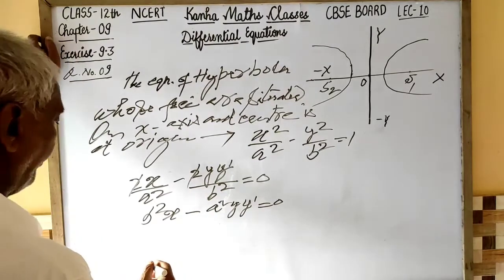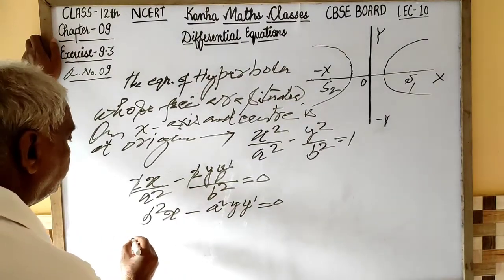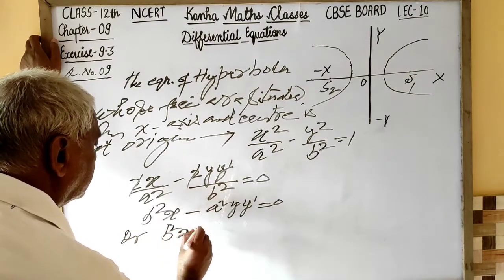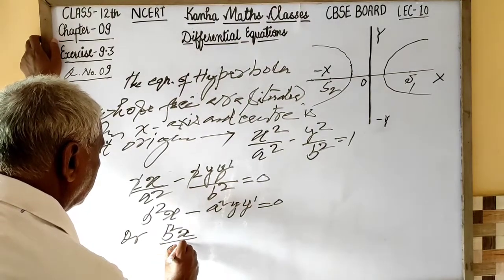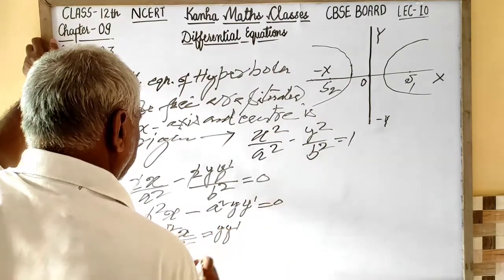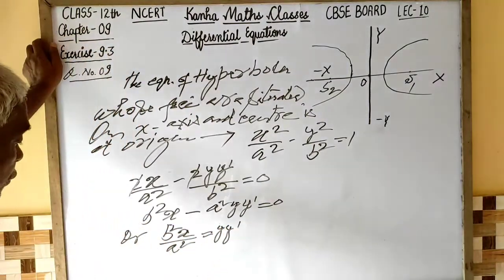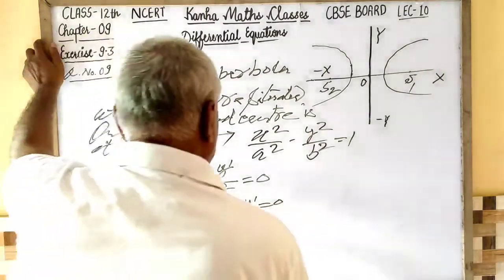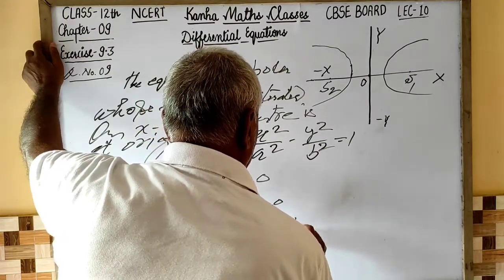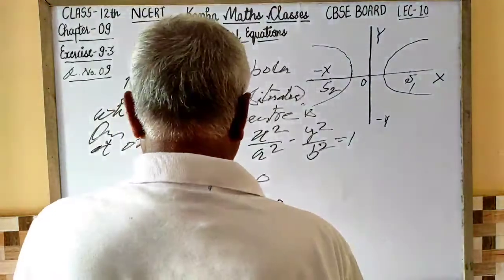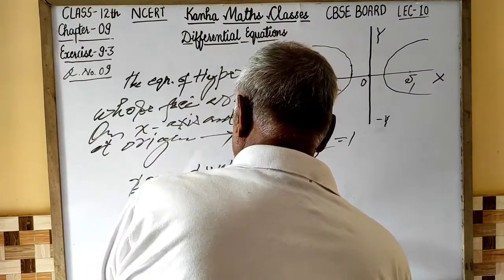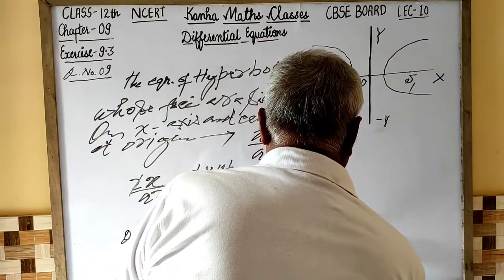Now here b square x upon a square is equal to y dash, or more clearly you may convert this as y dash is equal to b square x upon a square.